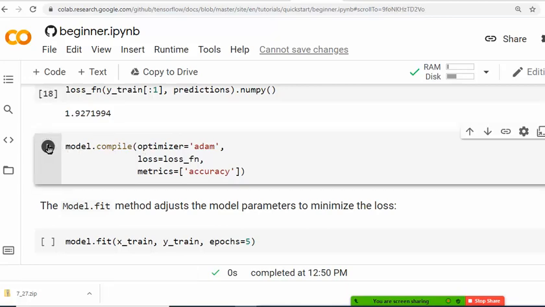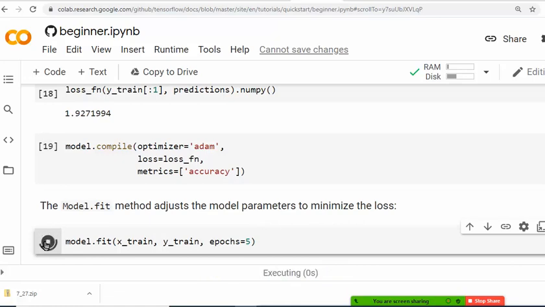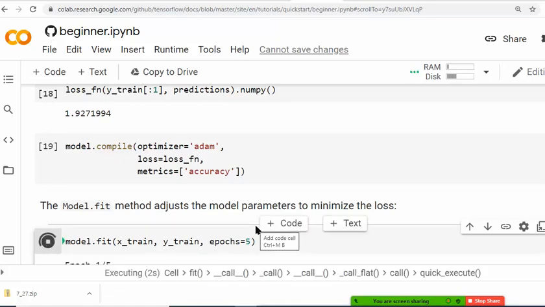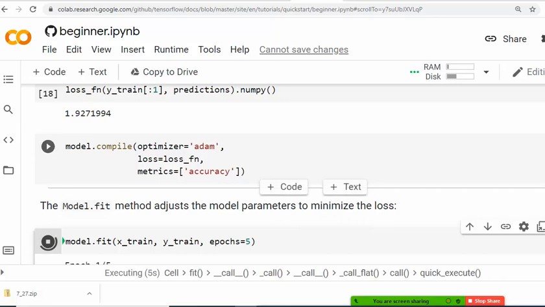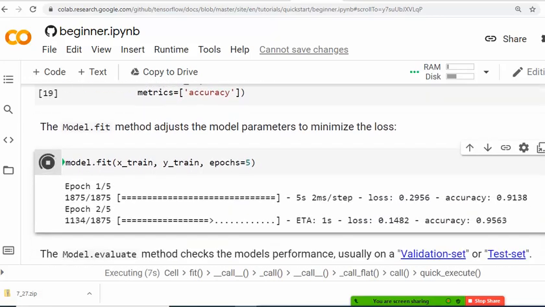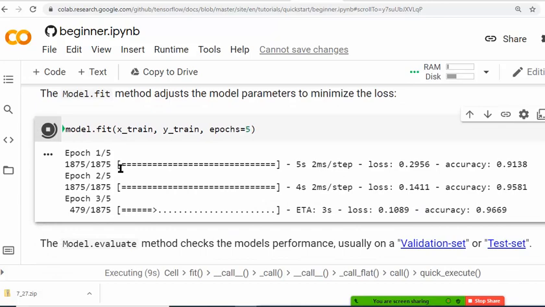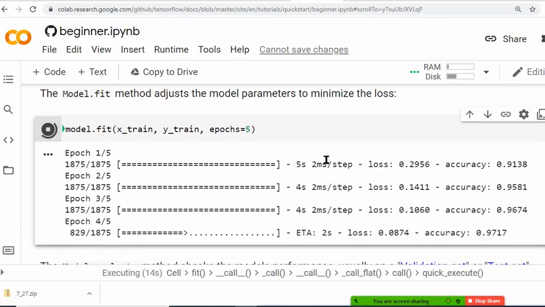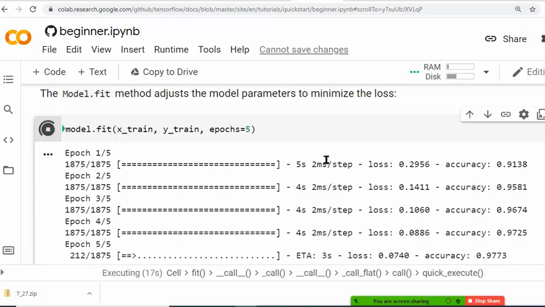I'm not sure how long this is going to take. Looks like it's done already. This one here says that you're going to do this training in 5 stages. And so you run 1 stage, 2 stages, 3 stages, 4 stages, and 5 stages.